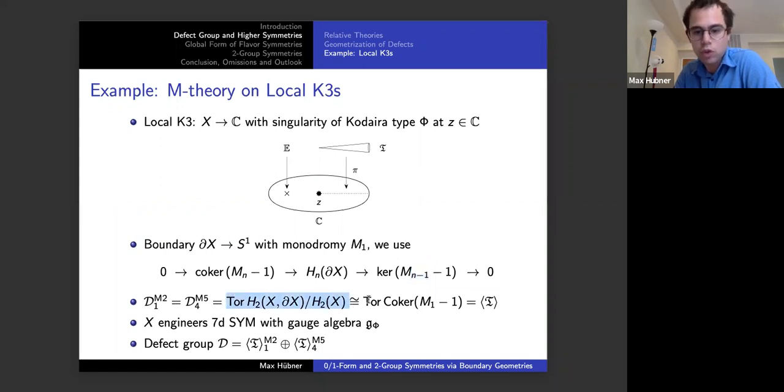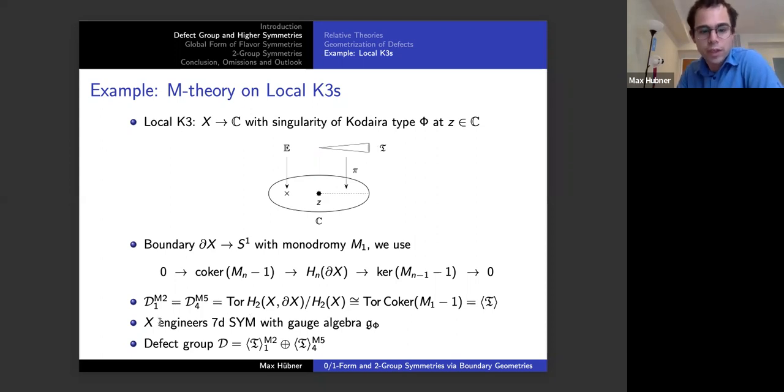And so this quotient becomes this co-kernel. And so we find that in most cases, there is a single cigar-like non-compact 2-cycle in the geometry. And so the defect group of 1 extended objects and 4 extended objects in the field theory, constructed by wrapping M2 and M5 branes on this cigar, is, well, a copy of this homology group.